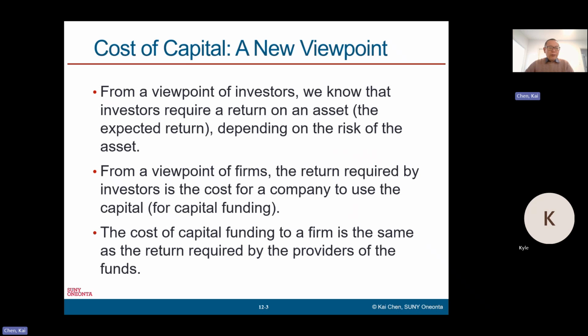Until now, we have learned how to estimate the present value, how to estimate the value of an asset such as a stock, a bond. When we are doing this, we use a discount rate to discount the future cash flows that an asset will produce into the present value.